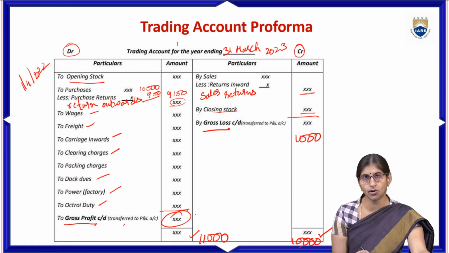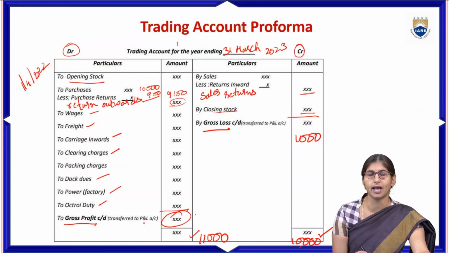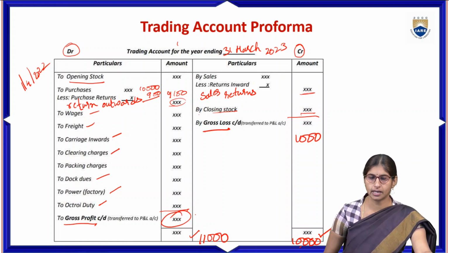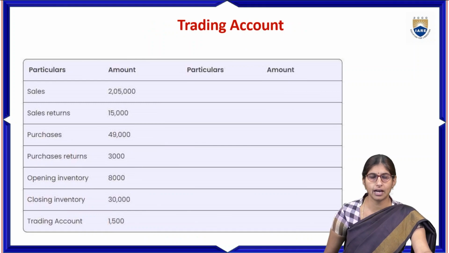Gross profit is transferred to the profit and loss account credit side, and gross loss is transferred to the profit and loss account debit side. And this is the pro forma of the trading account.